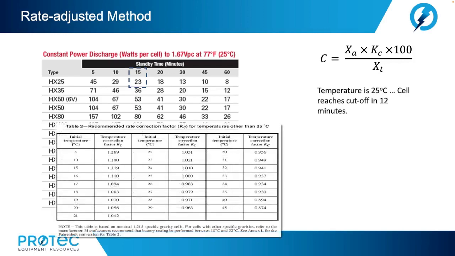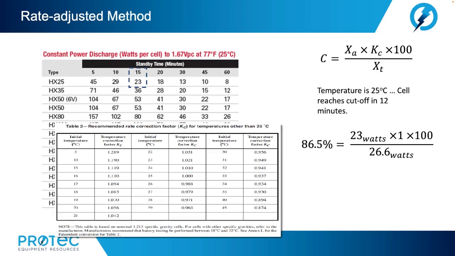Now let's assume the temperature is 25 degrees C and the cell reaches its cutoff in 12 minutes. Now remember, the published rate is the 15 minutes, but our cell reaches its cutoff in 12 minutes. Therefore, plugging values into the equation, we would have our 23 watts times our correction factor for temperature. Since it's at 25 degrees C, the correction factor would be 1.